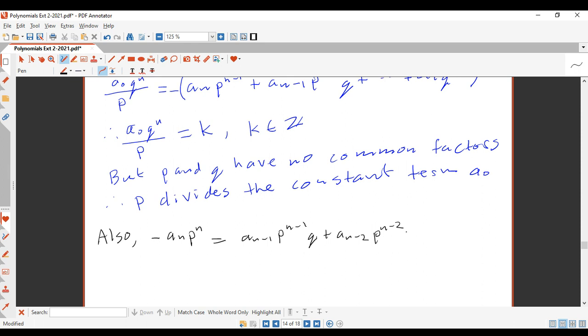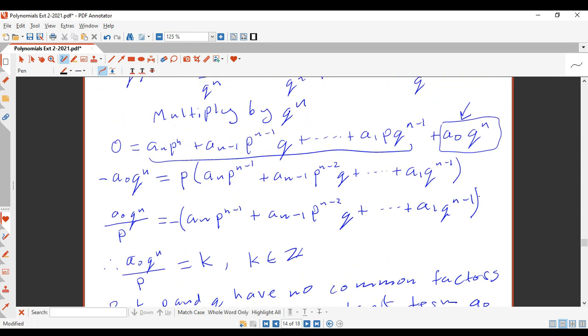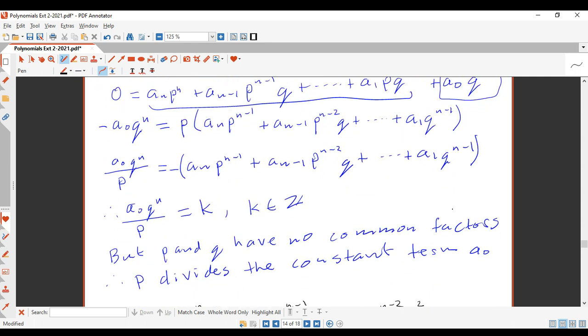The next term. Oh, that's an extra term I've included that wasn't up there before. Plus dot dot dot plus a naught q to the n. Okay, so that's that last term there that we used before, so that's on the end.